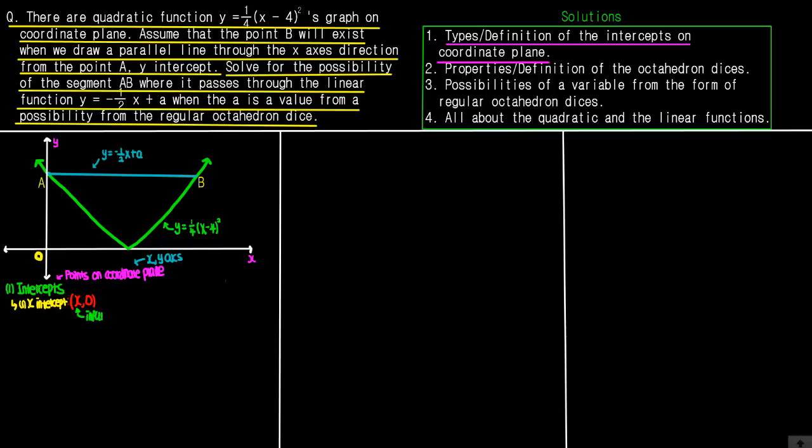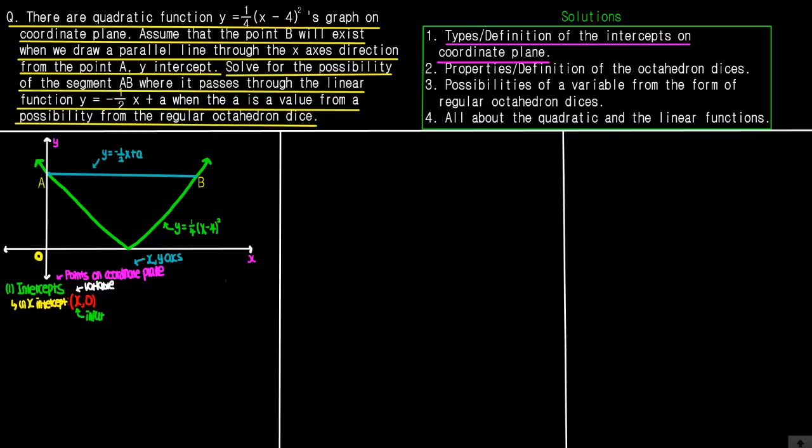We notate x as a variable, not a specific value, because the x value or the y value is a variable, which means it changes or varies depending on the situation. So we can just notate it as a variable.